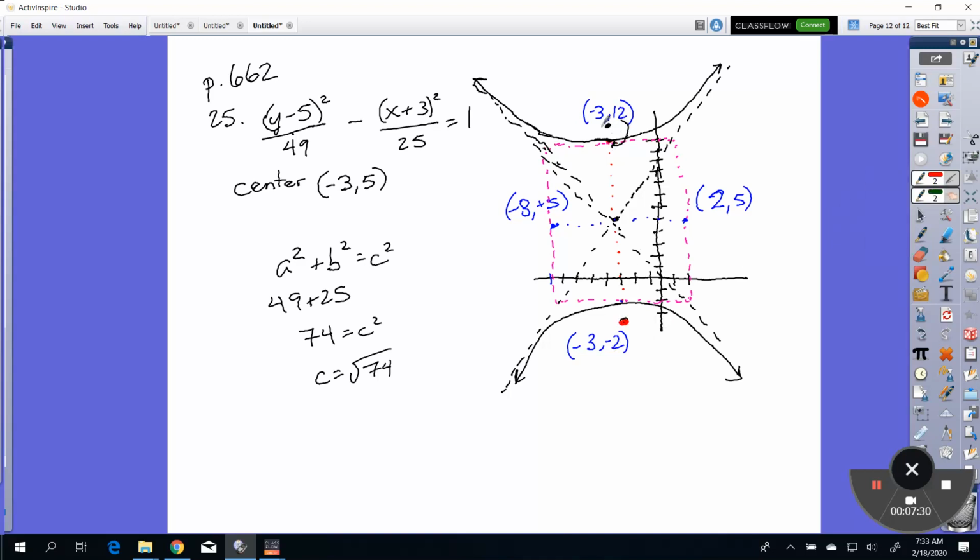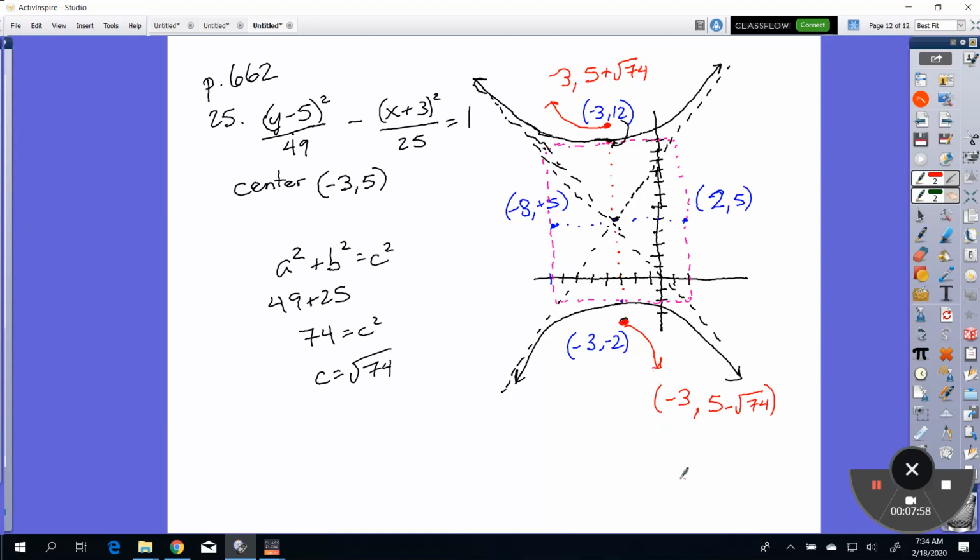What's going to be the x value of our foci? Negative 3, right? Then we go from the center y value, which is 5, and add the square root of 74. And down below, we go from the center y value and minus the square root of 74. So that's how we get the foci.